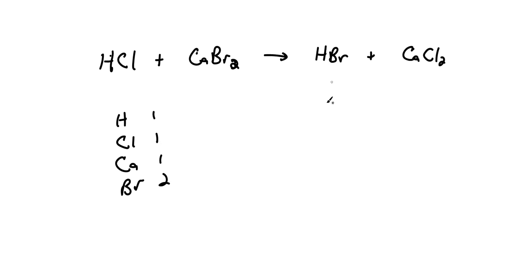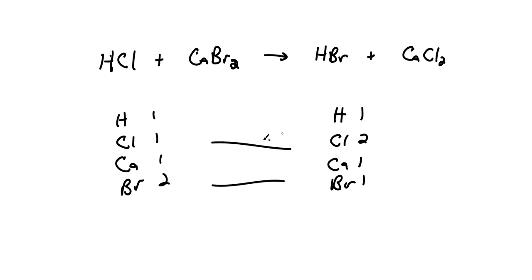If we go over here, we've got hydrogen, chlorine, calcium, bromine, all the same things. Here we've got one hydrogen, one bromine, two chlorines, and one calcium. Now you look, chlorine is not balanced, bromine is not balanced. We turned a bromine into a chlorine. Well, we can't do that, so we have to balance the equation.